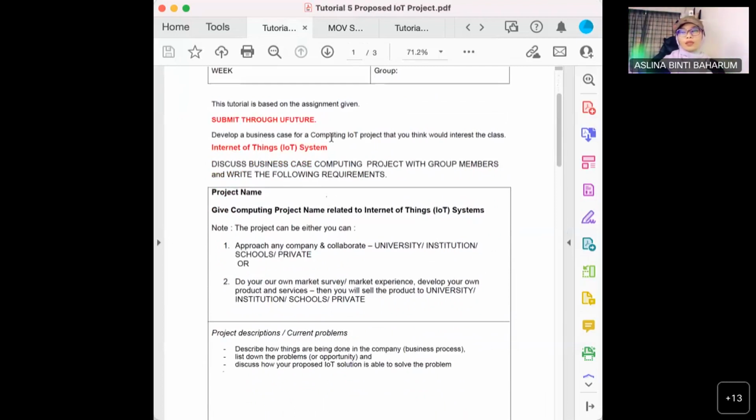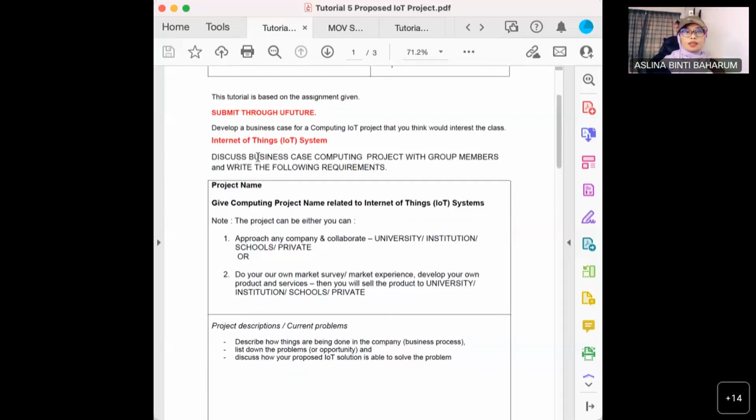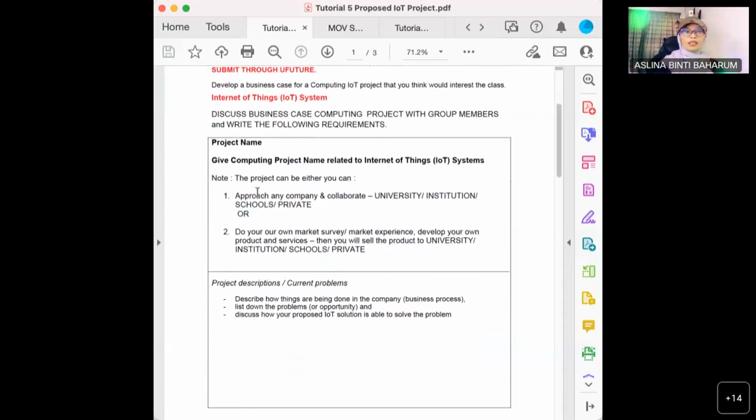Remember that we have learned what a business case is, and there is a template depending on the company requesting the content and the information. Discuss the business case for the computing project with your group members and write the following requirements. This is what we will do for today's tutorial.